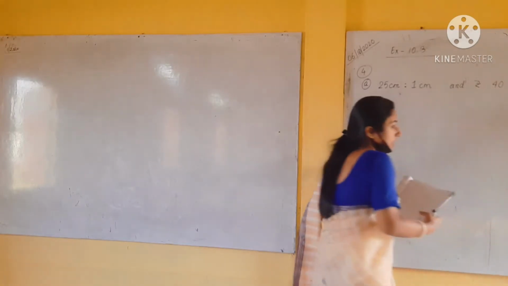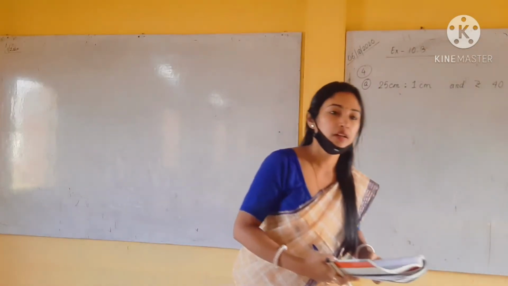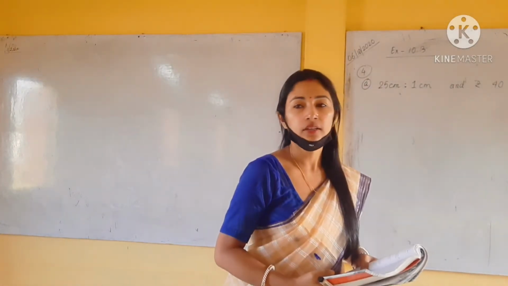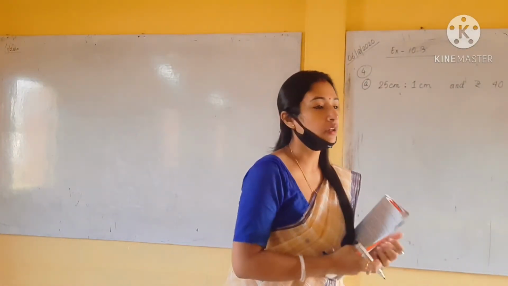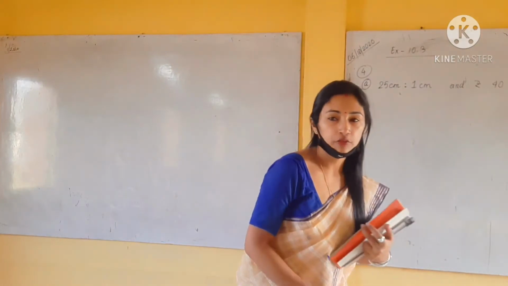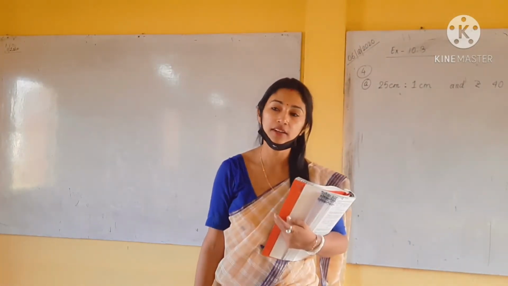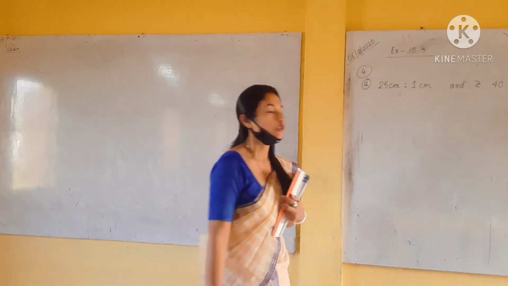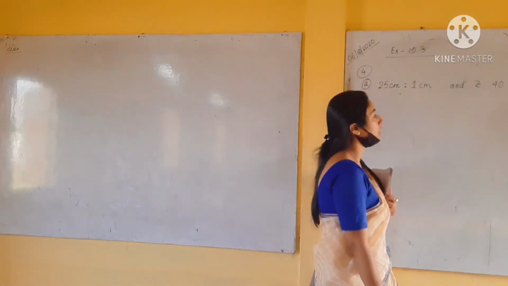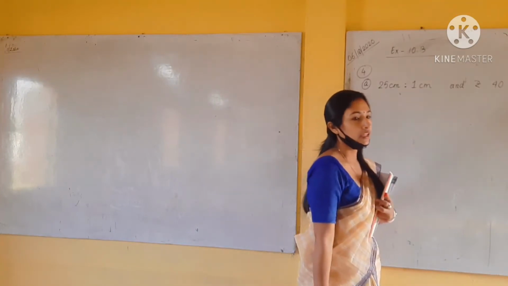Already in the last class I have discussed how to find whether the given ratios are in proportion or not. We have to multiply the middle terms and multiply the extremes. First of all you have to see which is the middle term and which are the extreme terms.